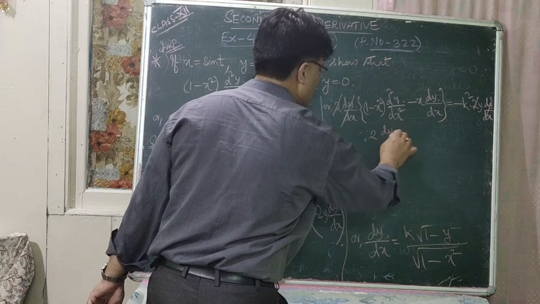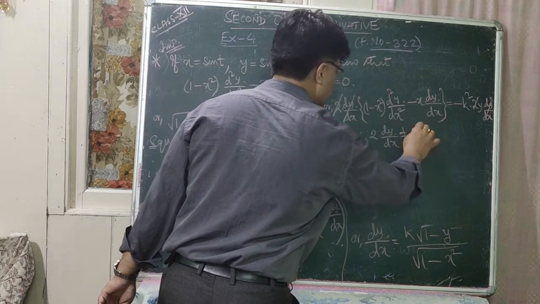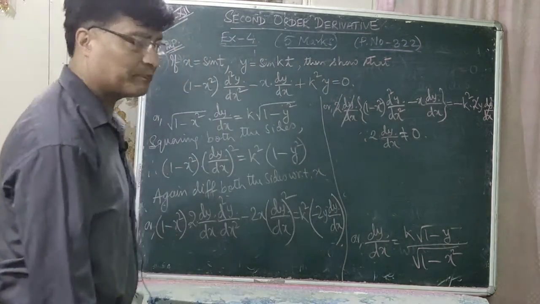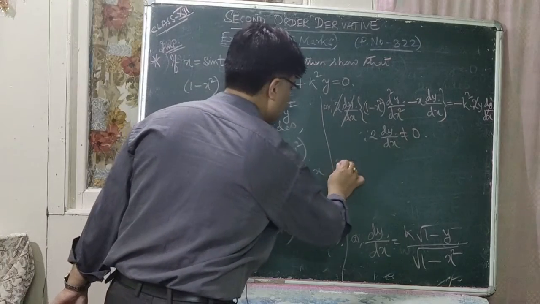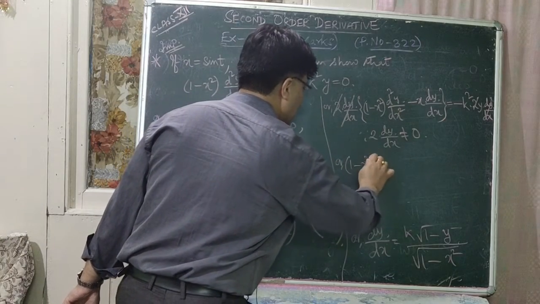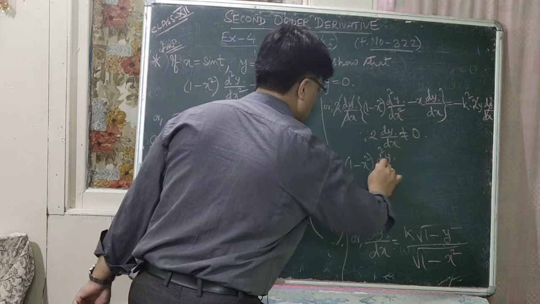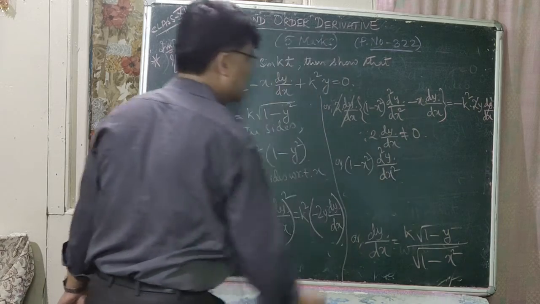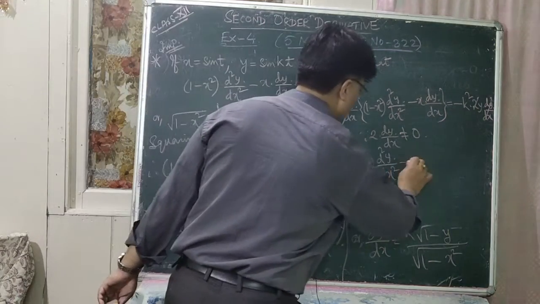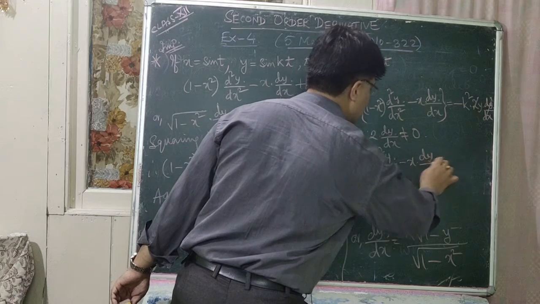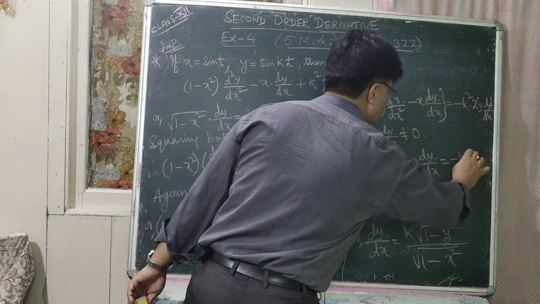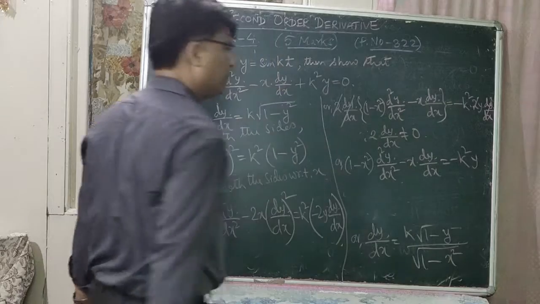Since 2 dy by dx is not equal to 0, you can cancel them. So what do we get? 1 minus x square into d2y by dx square minus x dy by dx, which is equal to minus k square y.